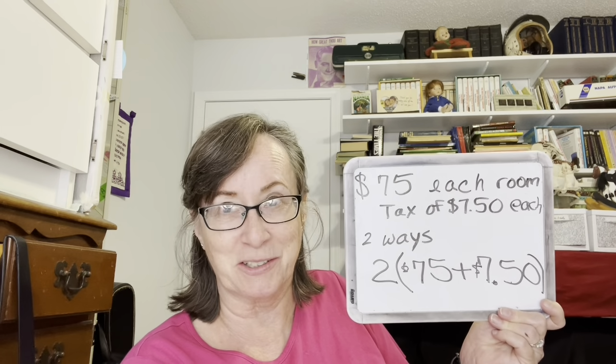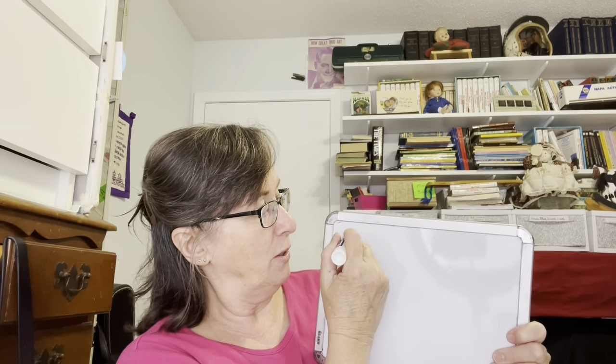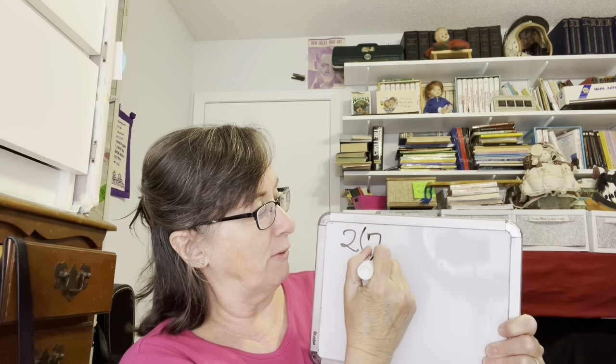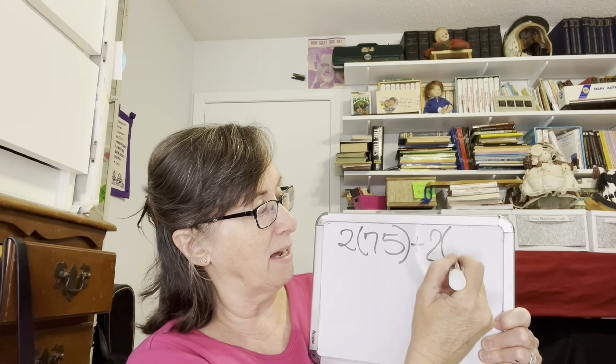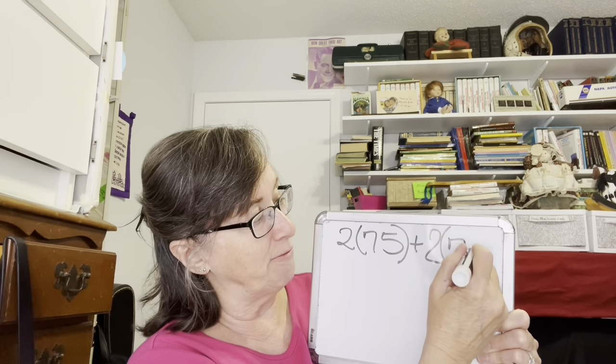That's the factored way to do it, isn't it? And we could expand that and get the second way to write it, which would be 2 times the $75 plus 2 times the $7.50.